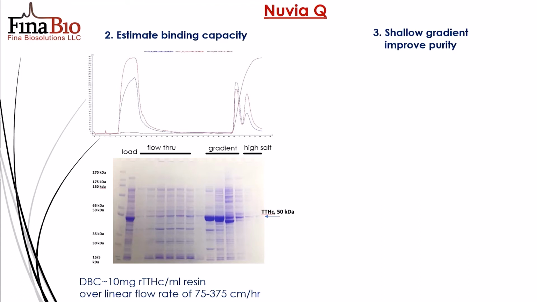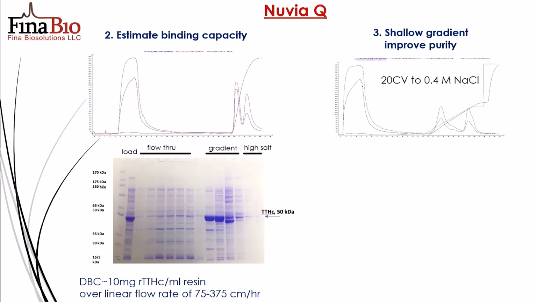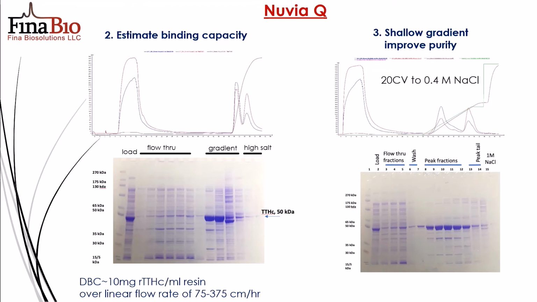In order to improve the purity profile, we ran a shorter, shallower gradient and found that the TTHc eluted relatively early, with very little of the target protein coming off in the high salt 1 molar strip.